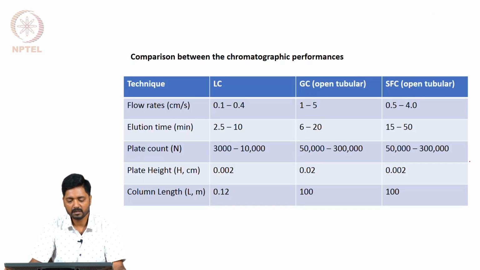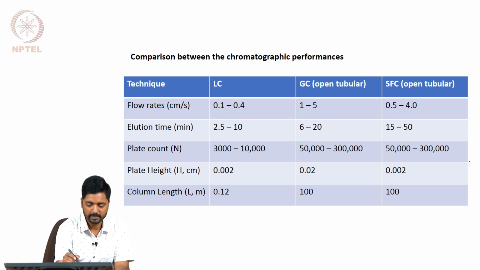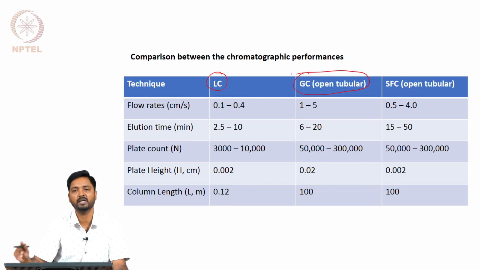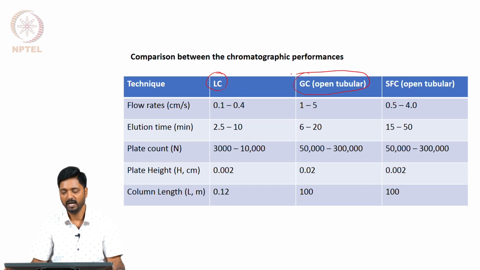Now, here I have compared the chromatographic performances of the three systems, the liquid chromatography systems, the gas chromatography being operated in the open tubular form, and the supercritical fluid chromatography again being operated in the open tubular form.